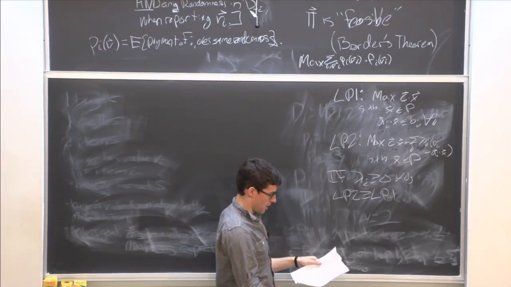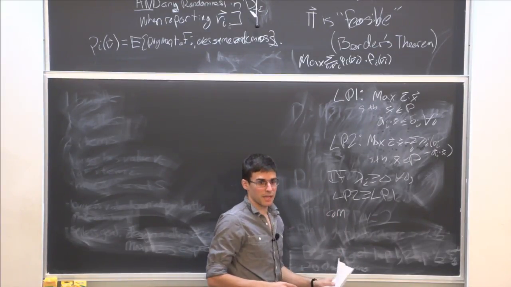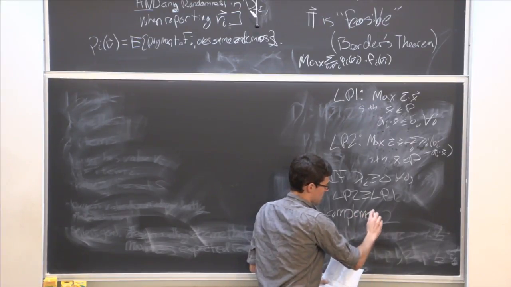And then the harder thing to prove, P is a polytope, sorry, is complementary slackness.